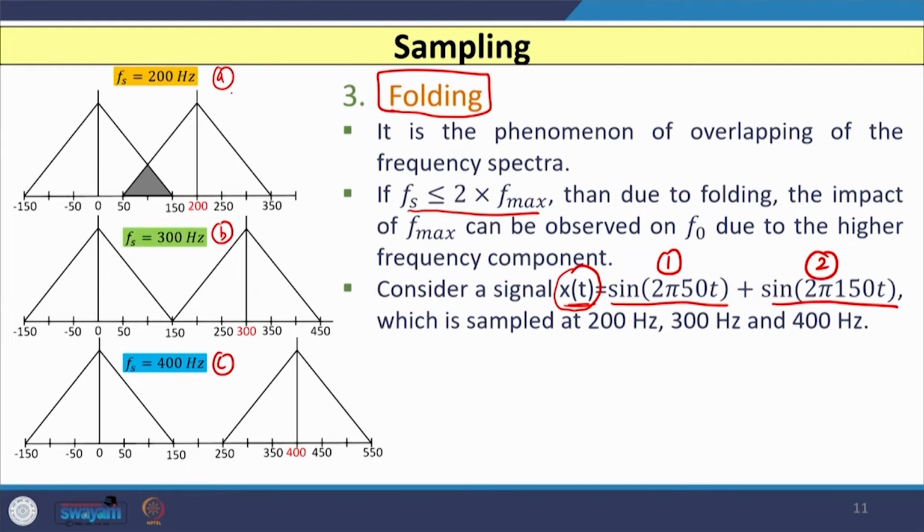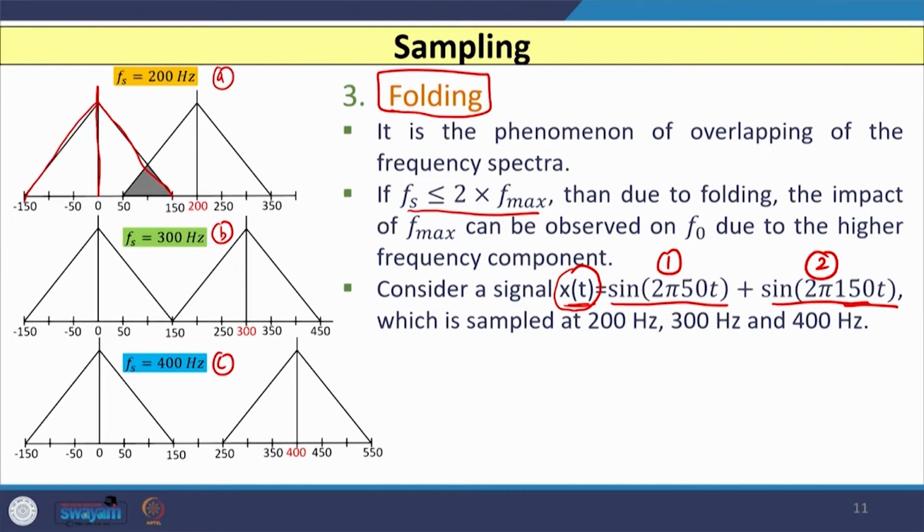We can start from this 0 part here, and then we have the component 150. So, you can see 0, 50, 100 and 150. On both sides you can go up to 150.